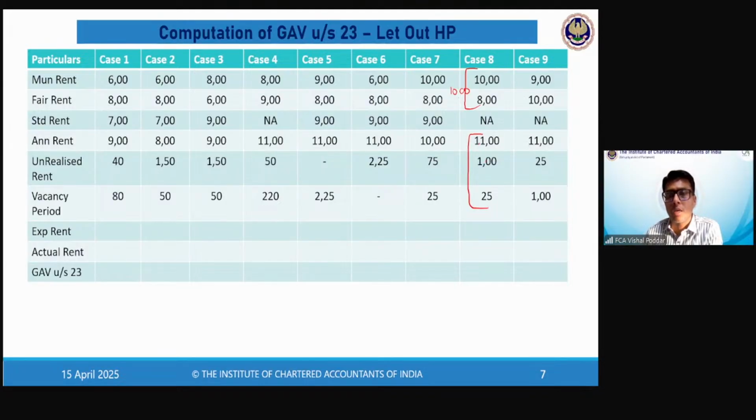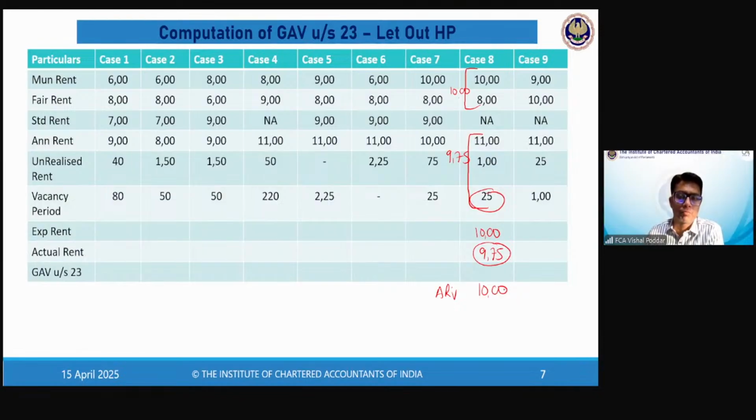So how much is AR? It is 975. Correct? So expected rent is 10. AR is 975. Now, since AR is less, we find out ARV. ARV will be how much, beta? ARV will be 975 plus 25, so it will be again 10.